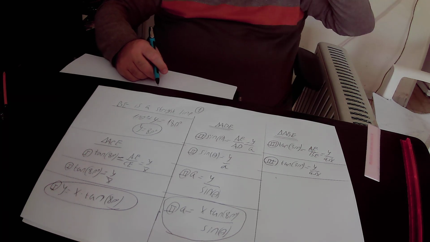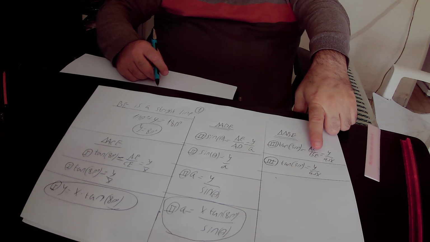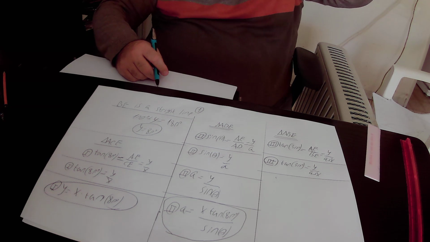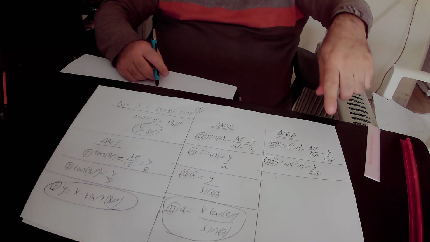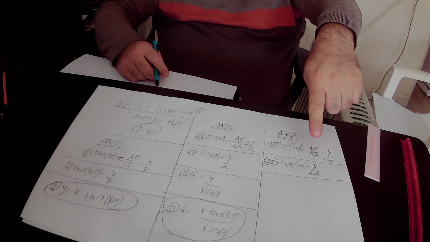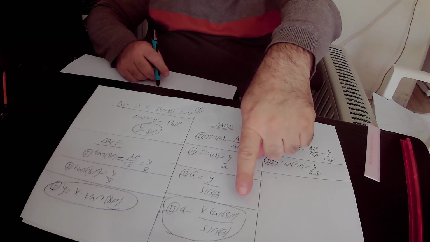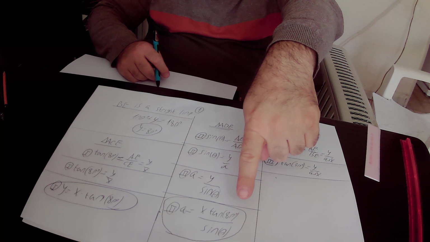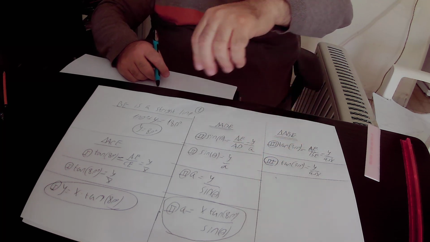Here we will substitute Y by X tangent 80 degrees, because Y equals X tangent 80 degrees according to equation number 1. And we will substitute A by X sinus 80 degrees over sinus theta, because A equals X sinus 80 degrees over sinus theta according to equation number 2.